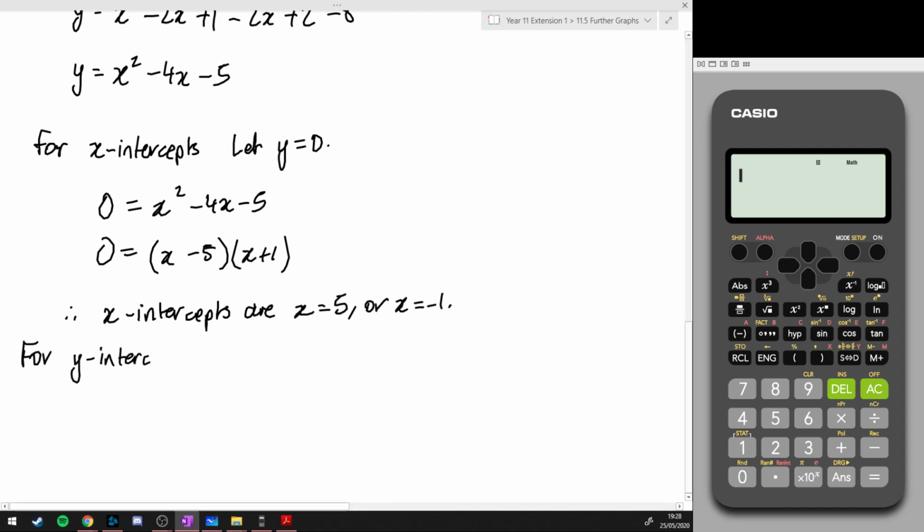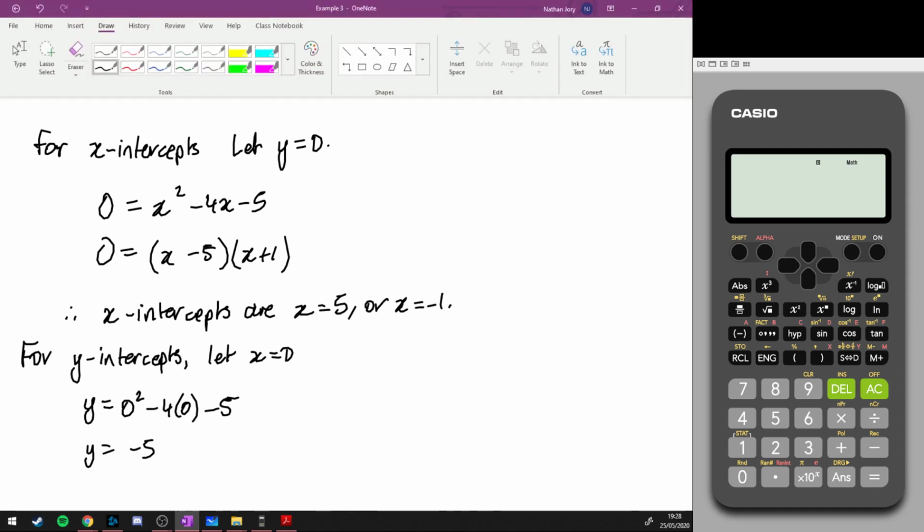For y-intercepts, let x be equal to 0. So this is the easy one. We get y is equal to 0 squared minus 4 lots of 0 minus 5. So the y-intercept is y is equal to -5, just like this. Now we've got enough information to be able to draw this.